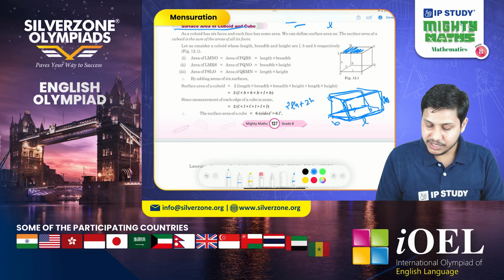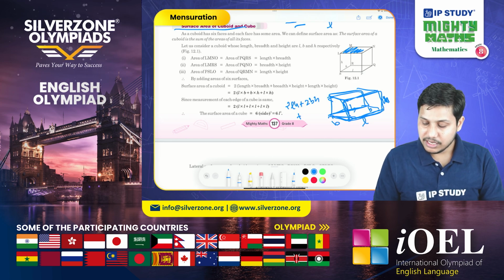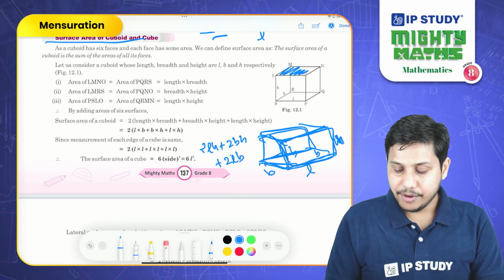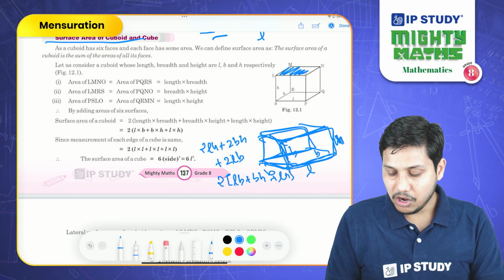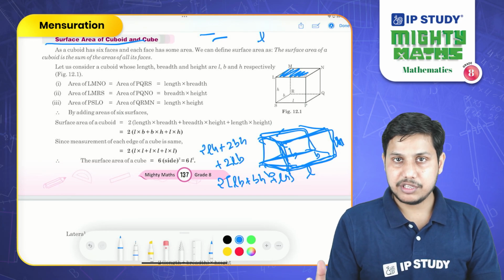So we'll have 2 BH, and we'll have top and bottom which have dimension length and breadth, so we'll have 2 LB also. Now we can take 2 as common, and we'll be left with LB plus BH plus LH as the area of our cuboid, surface area of cuboid. So this is the total surface area of a cuboid.